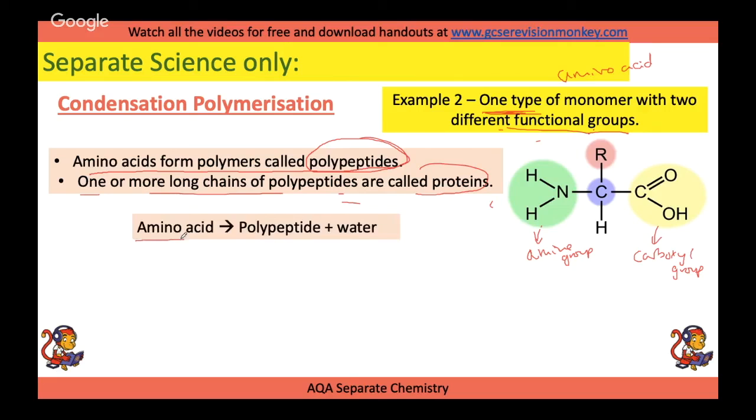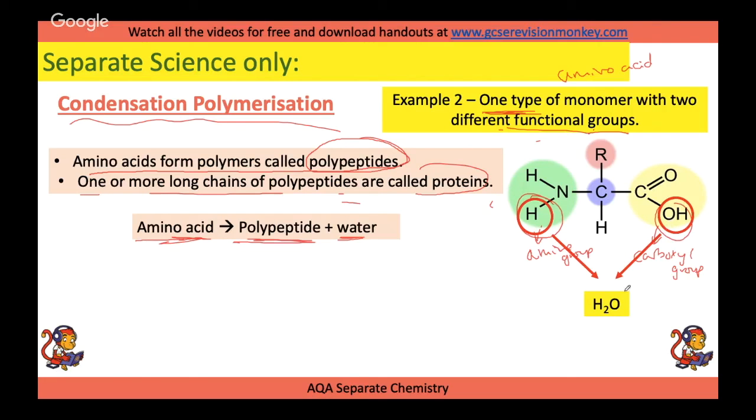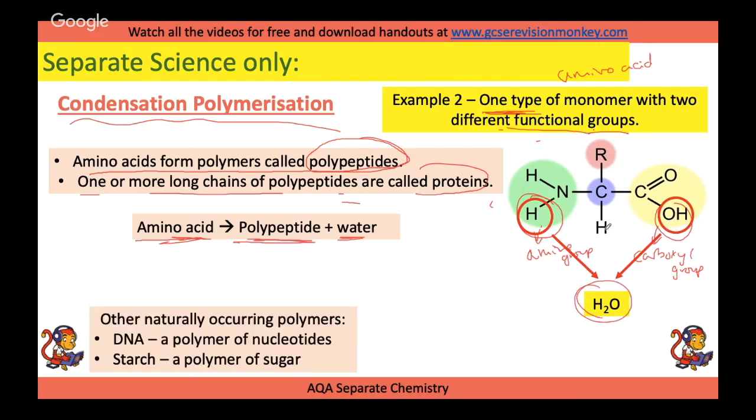So amino acids are going to join together to make a polypeptide and water in our condensation polymerisation reaction. This is where the water comes from. You can see the hydrogen here, hydroxide here, reacting together to make water. Coming together to make water. So that's the second example of condensation polymerisation.